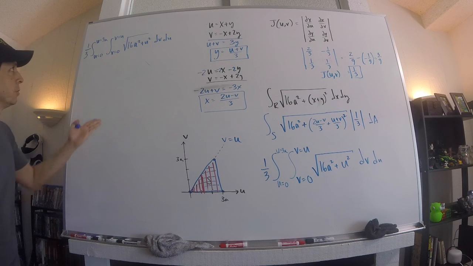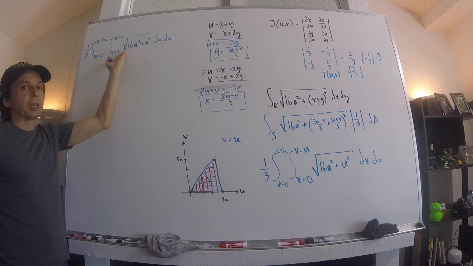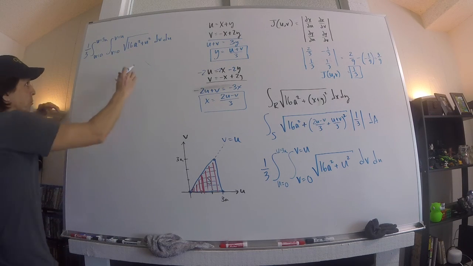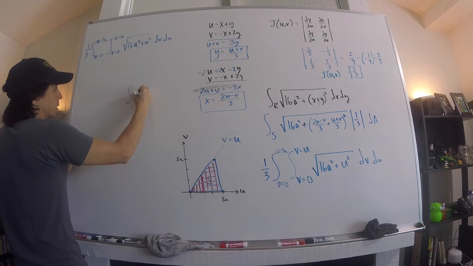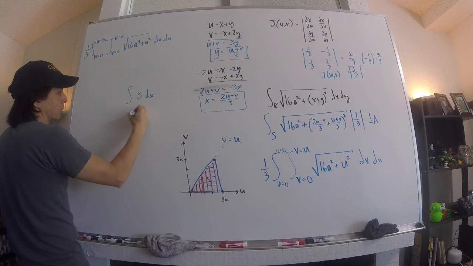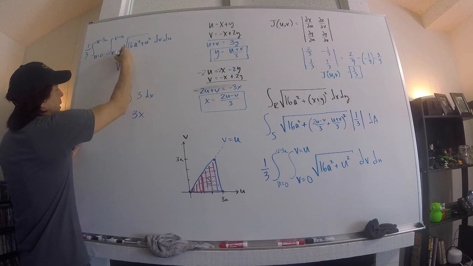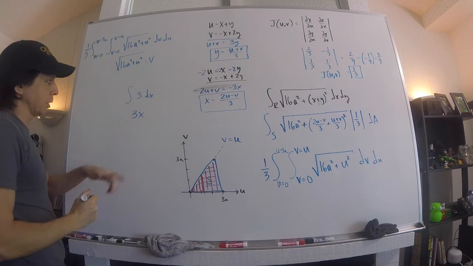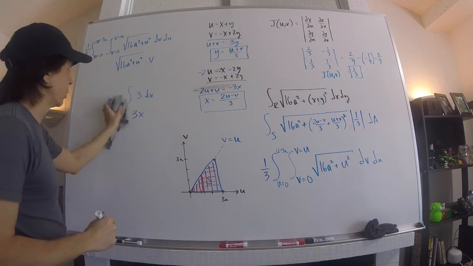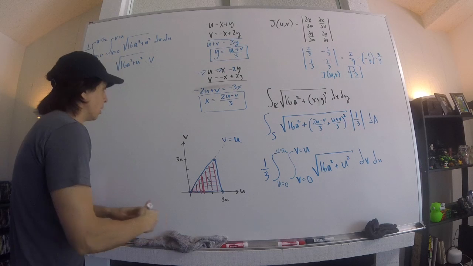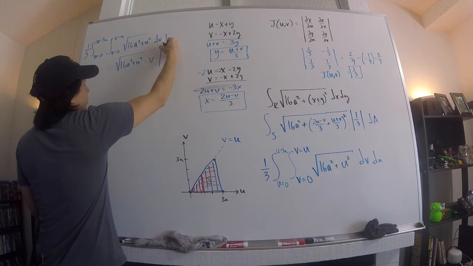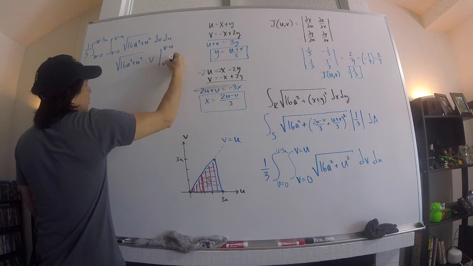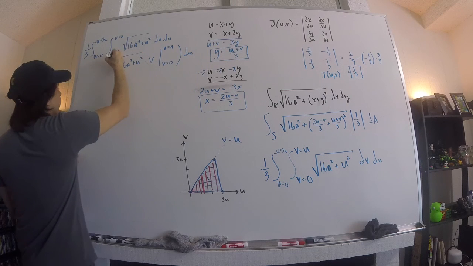Okay, with respect to v, there's no v's here. This is just a constant when we integrate with respect to v. So just like when you're doing the integral of 3dx, your antiderivative is 3x. This is my constant right there, times v. That's constant times the variable of integration. I'm evaluating that from u to 0, and then I'll be doing du after the fact.